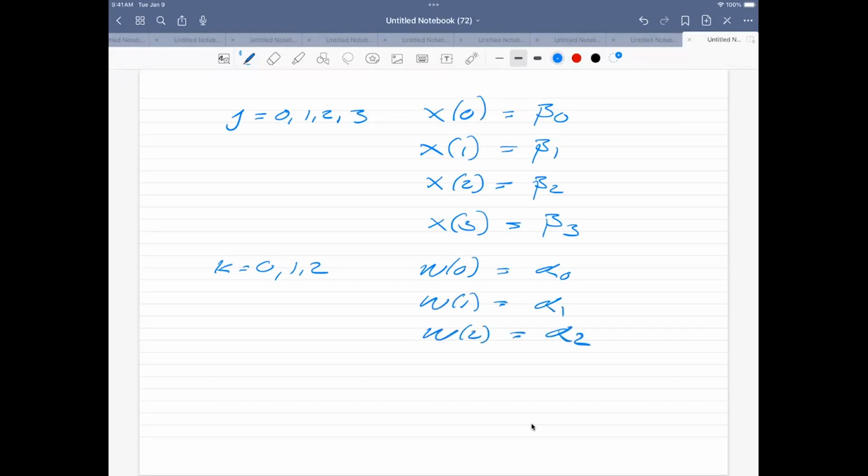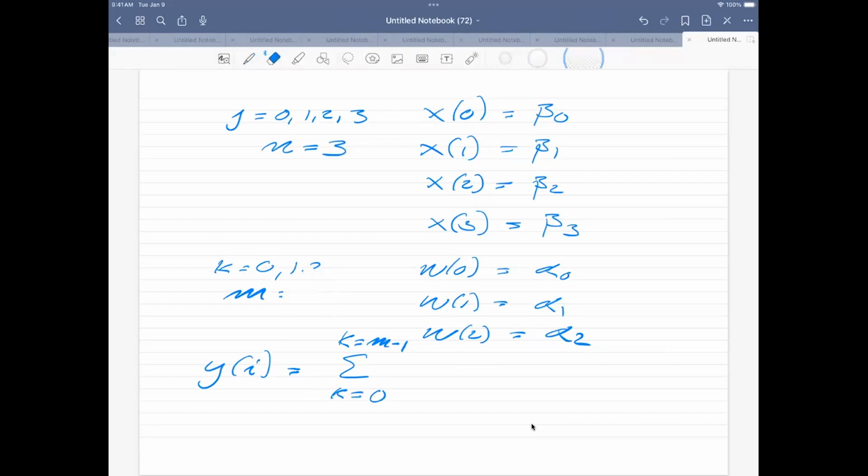And we have w0, which is alpha 0, w1, which is alpha 1, and w2, which is alpha 2. And then we have the expression for y of i, which was set up with k equals 0 up to m minus 1, where m is the max dimensionality. Actually, sorry, this is wrong. We have 3 elements and we have 4 elements here.